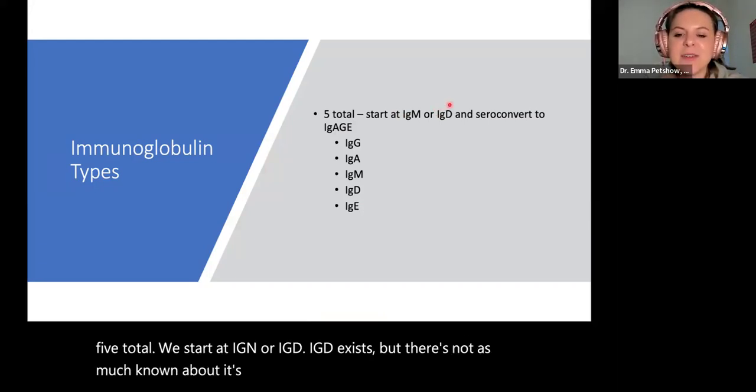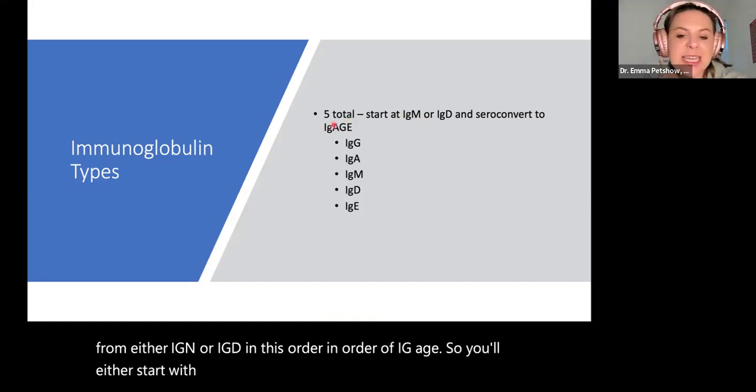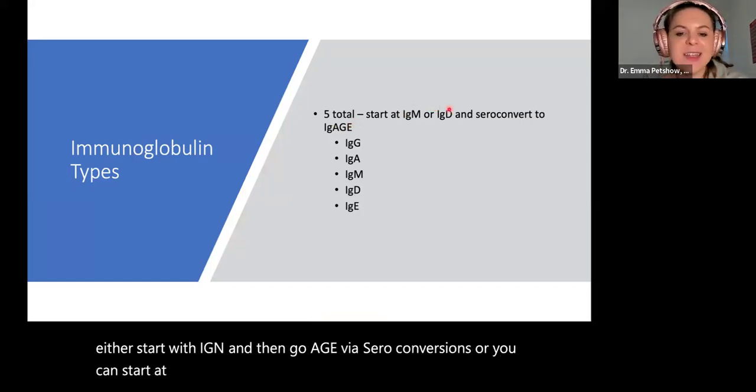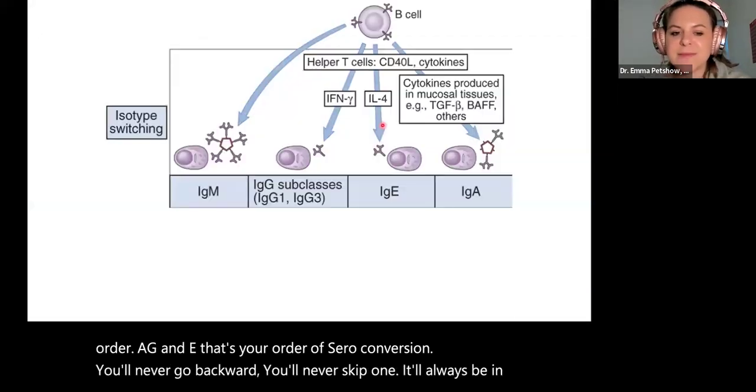Then you'll seroconvert from IgM or IgD in the order of IgG, IgA, IgE. So you'll either start with IgM and then go G, A, E via seroconversions, or you could start at IgM and then go IgD, G, A, E. But it'll always be in this order. That's your order of seroconversion. You'll never go backward. You'll never skip one. It'll always be in this direction.